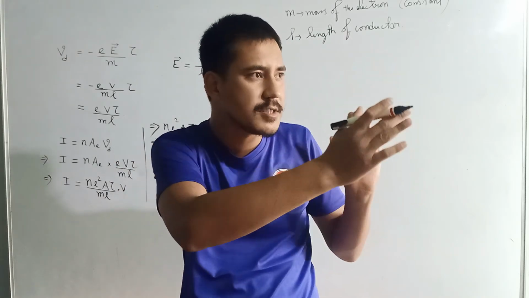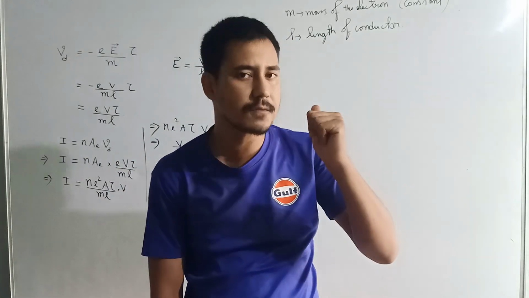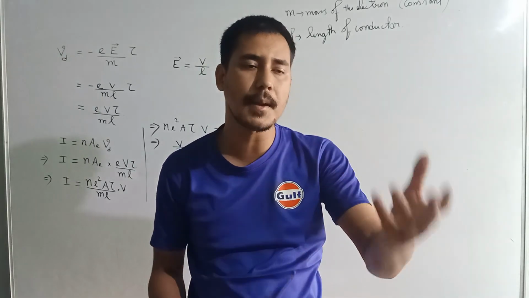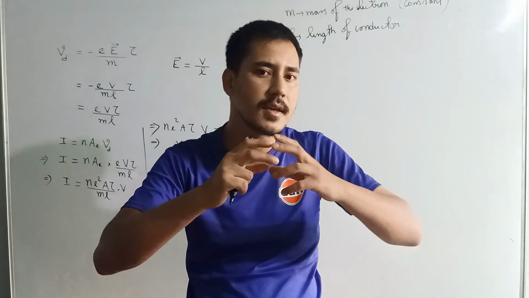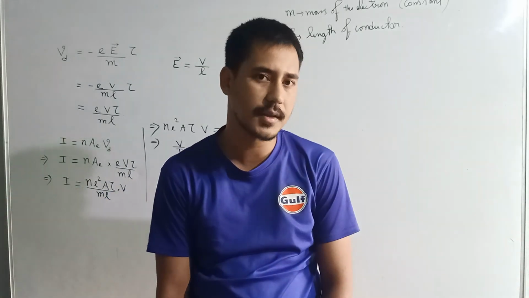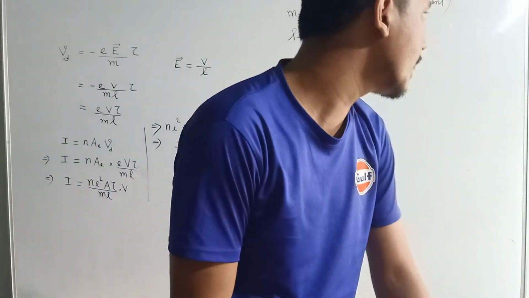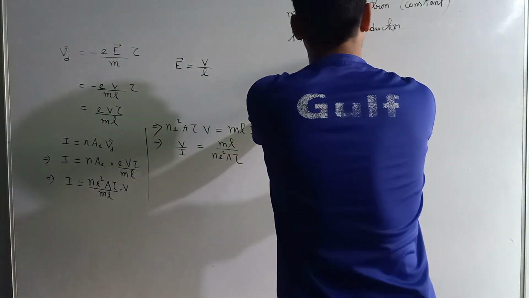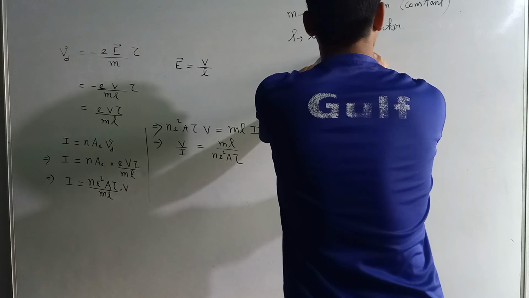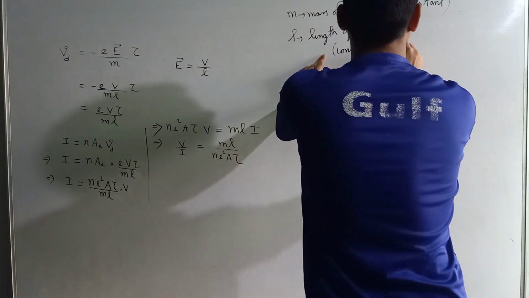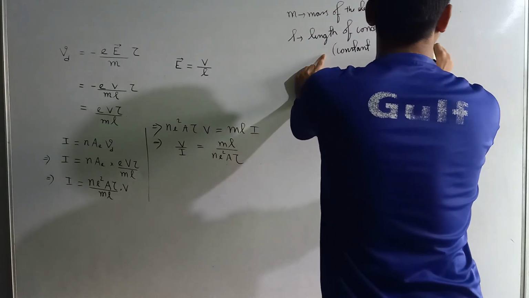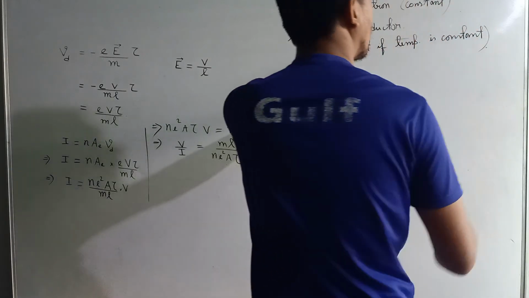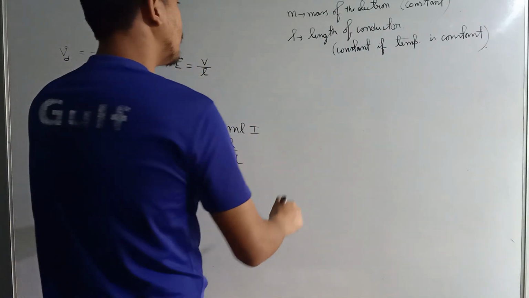Hence, if the temperature is constant, then the length of the conductor will also be constant, because only if you increase the temperature, then due to linear expansion, the length of the conductor will also increase. But length of the conductor will be constant only if temperature is constant. Alright?